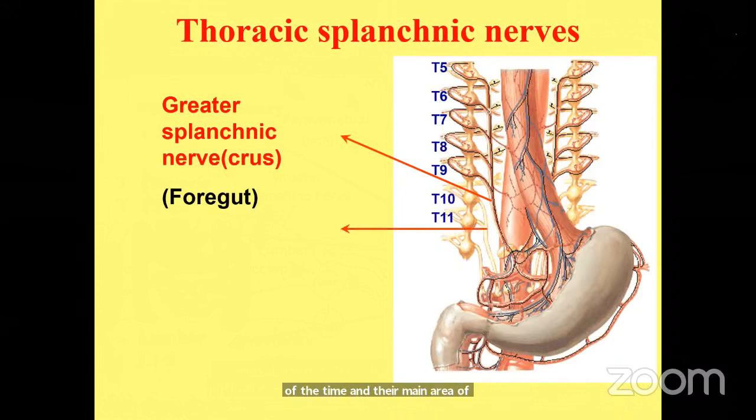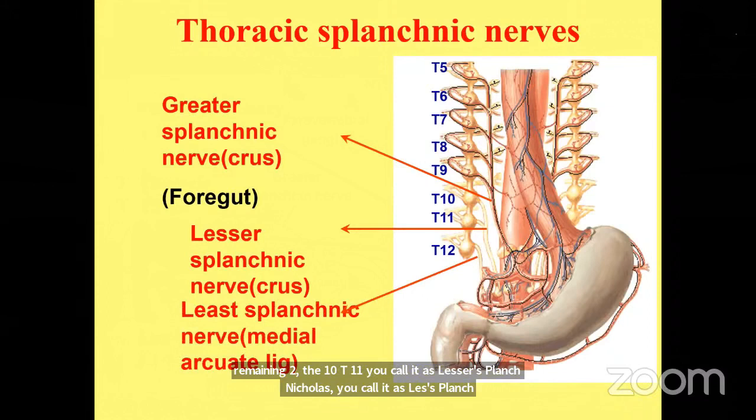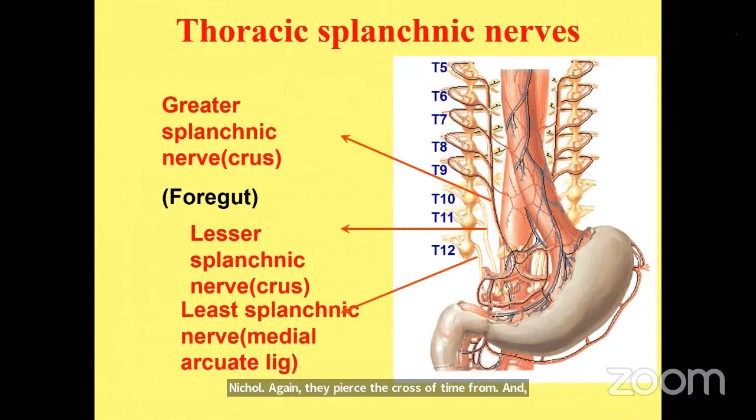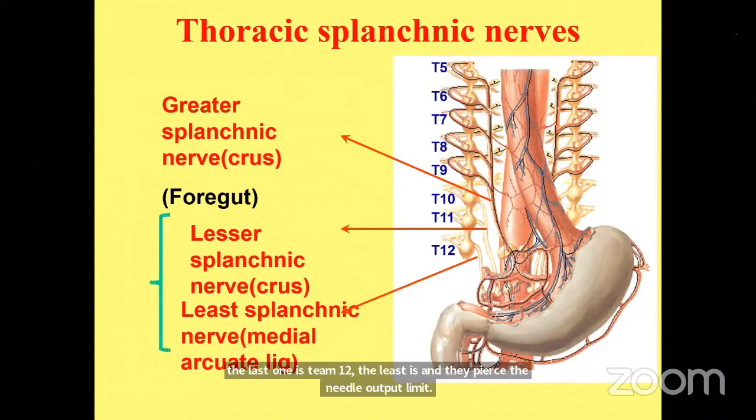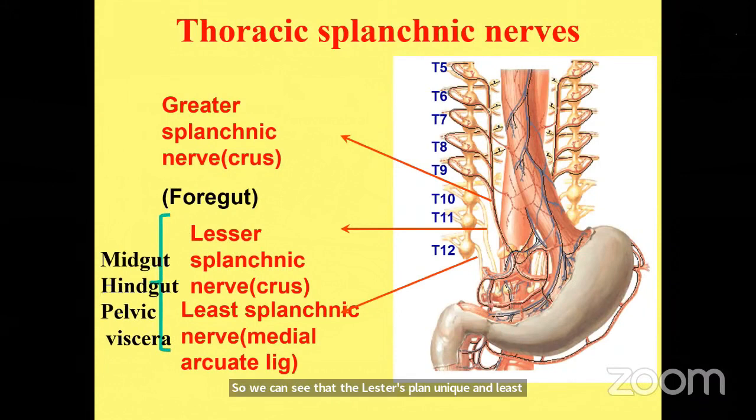Whereas the remaining two, T10 and T11, you call lesser splanchnic nerve. Again, they pierce the crus of the diaphragm. And the last one is T12, the least splanchnic nerve, and it pierces the medial arcuate ligament. So we can see that the lesser splanchnic and least splanchnic supply the midgut, hindgut, and the pelvic viscera.